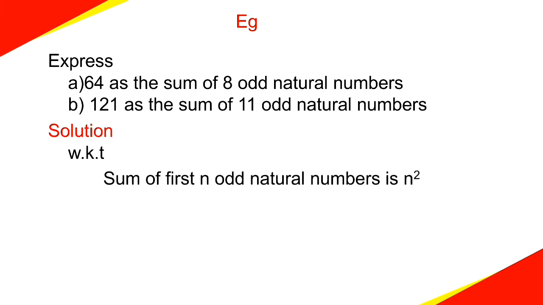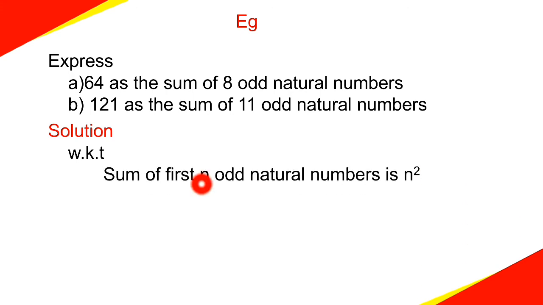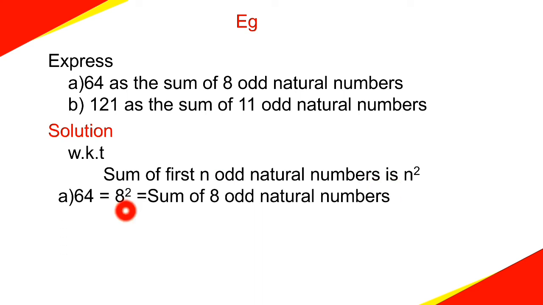We already know that the sum of the first n odd natural numbers is n squared. So 64 is equal to 8 squared, which gives the sum of 8 odd natural numbers. What is the sum of 8 odd natural numbers? Good. That is 1 plus 3 plus 5 plus 7 plus 9 plus 11 plus 13 plus 15.